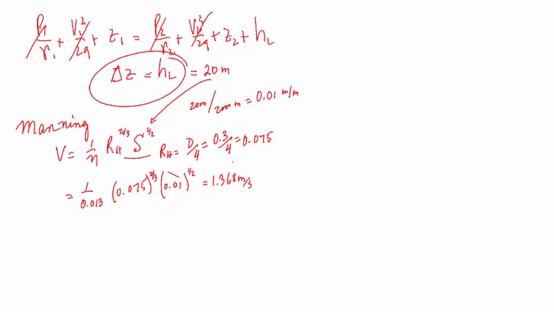Then of course the flow rate is V times the area, so we have 1.368 meters per second, and the area is pi times 0.3 squared over 4, which is 0.071 meters squared.